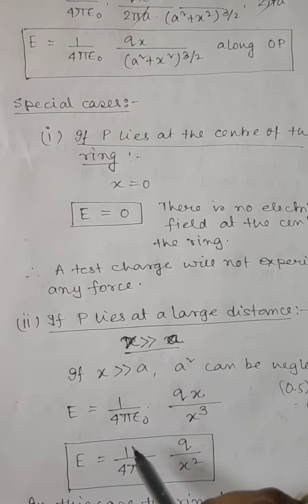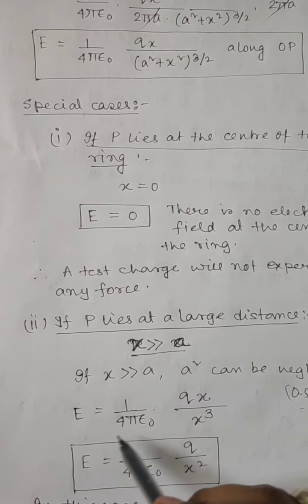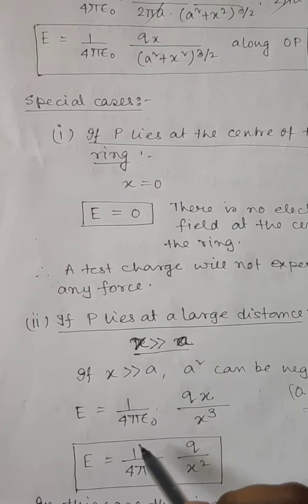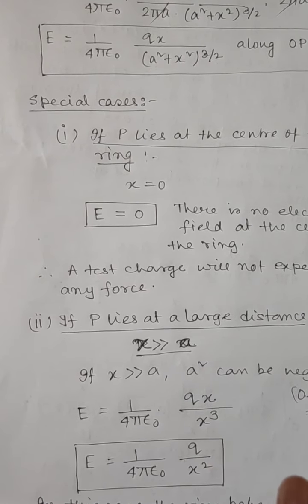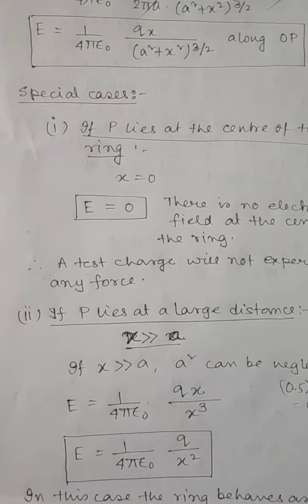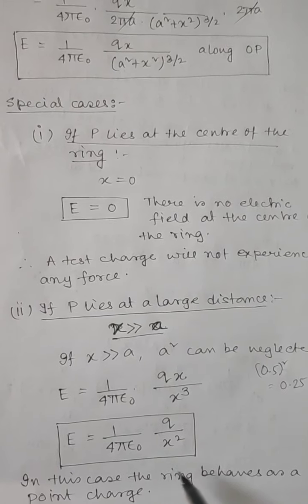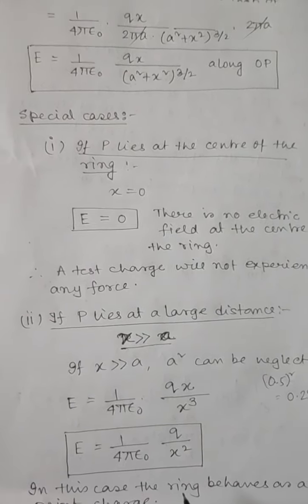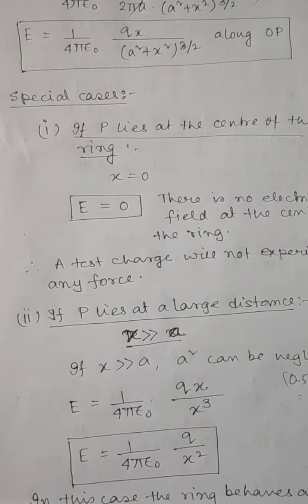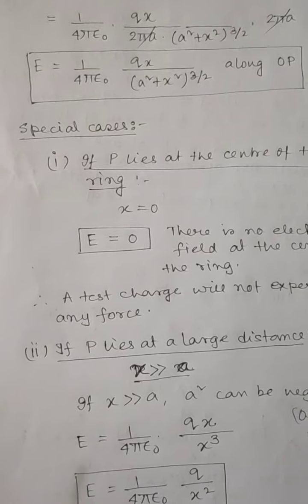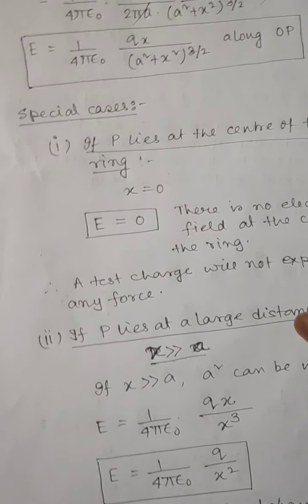So E finally becomes 1 by 4 pi epsilon naught q by x square. Now this equation resembles the equation of the electric field of a point charge. Yes or no? We have done it in our previous class. So we can say that in this case the ring behaves as a point charge. So these are the two very special cases of the circular loop. In our next class we will proceed with electric field lines.